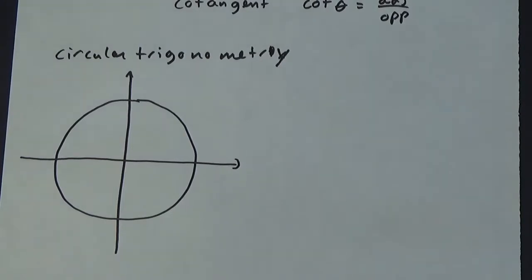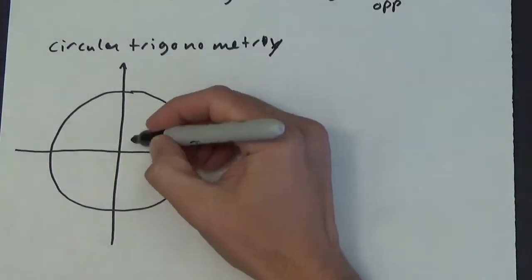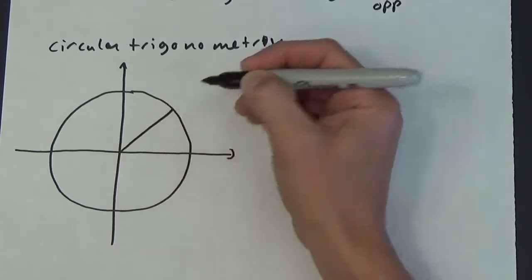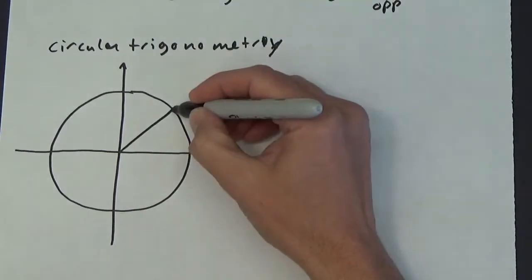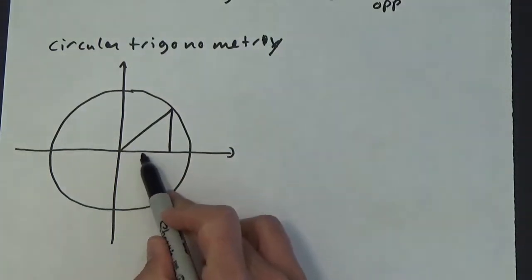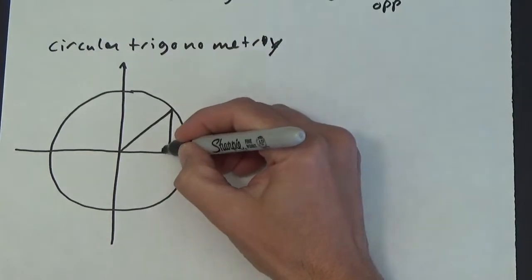The next thing we're going to do is put a right triangle within this circle, or inscribed in this circle. And so to do that, we're going to make the hypotenuse go from the origin to a point on the circle. And then the legs, well, one leg is going to be along the x-axis and the other leg is going to be vertical to that.